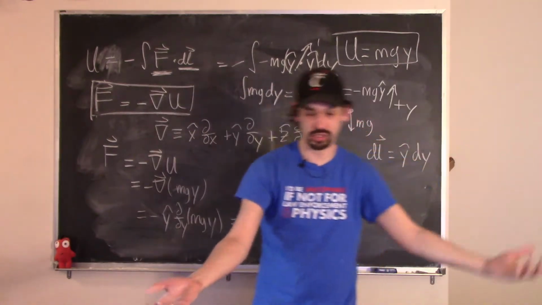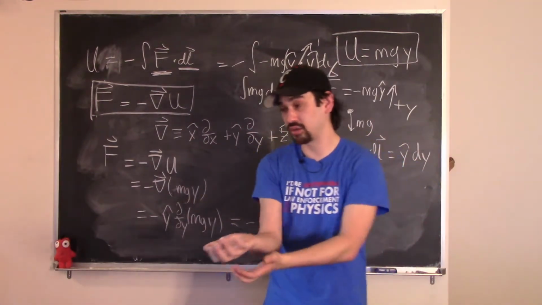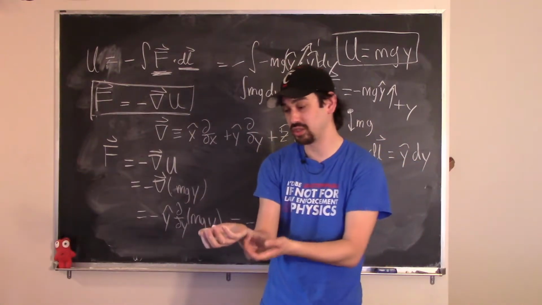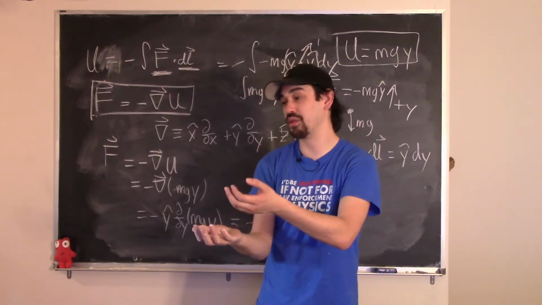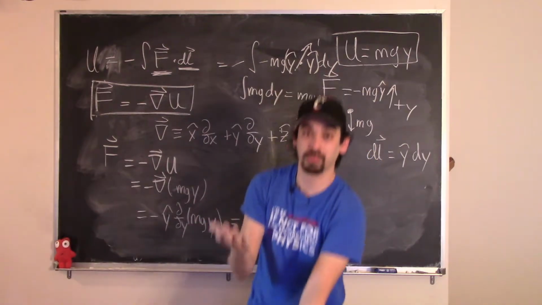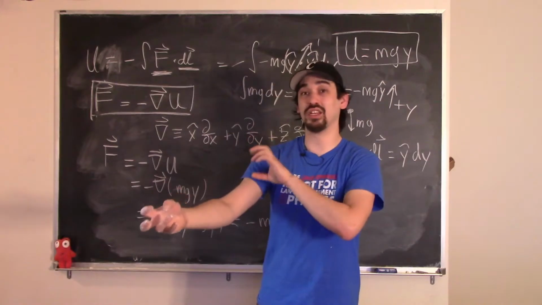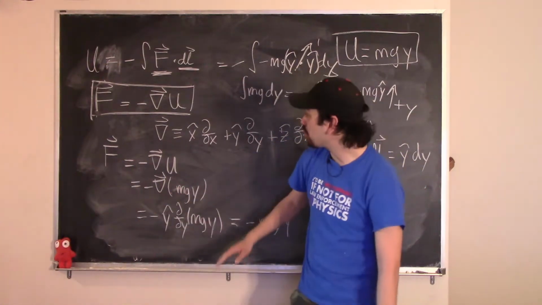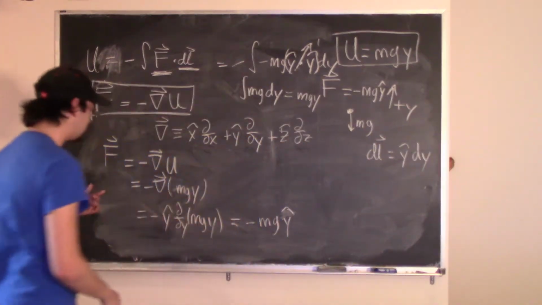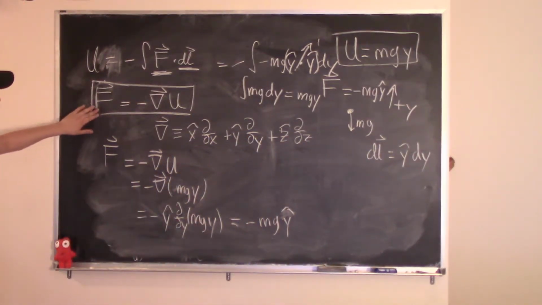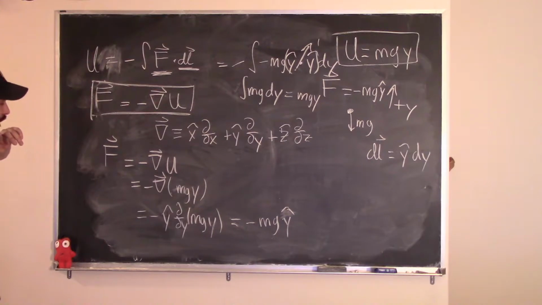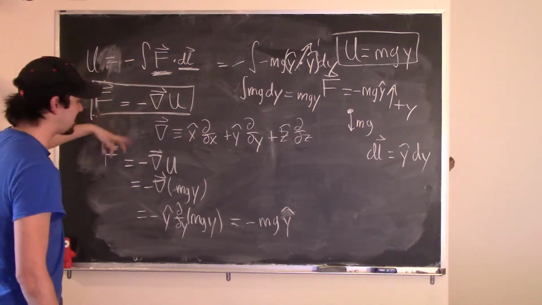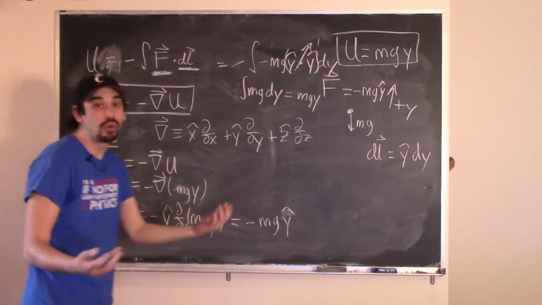If I have the acceleration and it's a constant acceleration or a time-dependent acceleration, I can find what the velocity is. I can find what the position is. And in doing all of that, I have to carry around all of these vectors. But we found there was actually a better way to deal with these things. In the case of constant forces anyway, if I could find what the potential energy function is, I don't need to worry about the vectors.